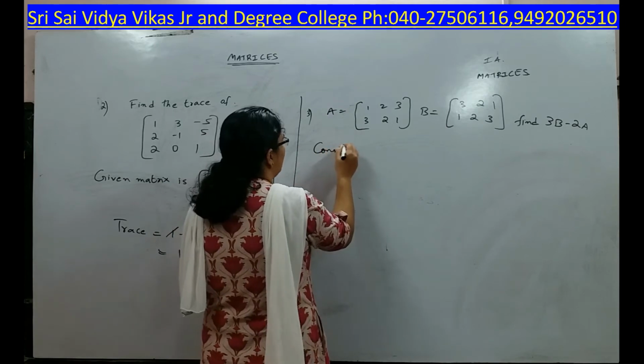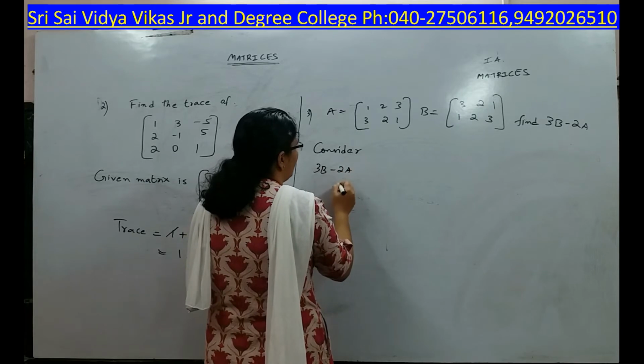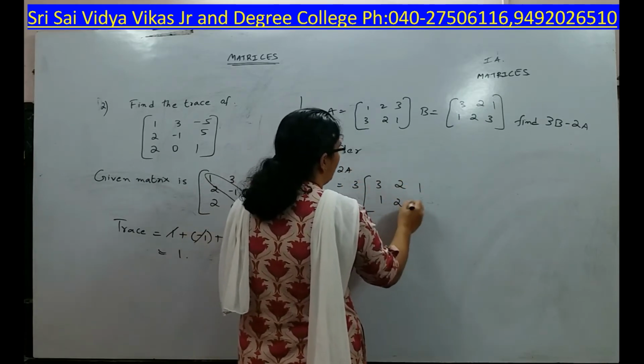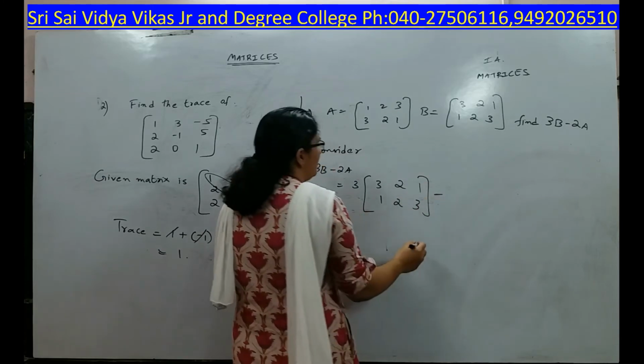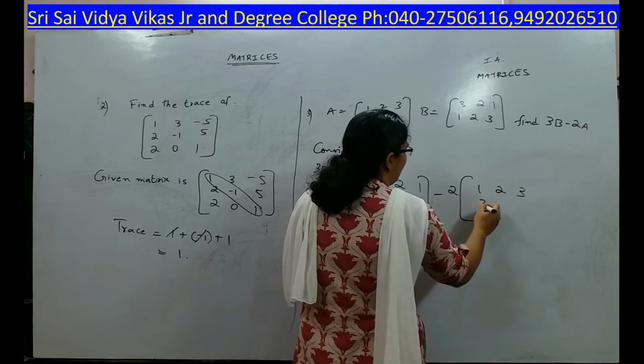Consider 3B minus 2A, that is 3 into the matrix 3, 2, 1; 1, 2, 3 minus 2 into the matrix 1, 2, 3; 3, 2, 1.